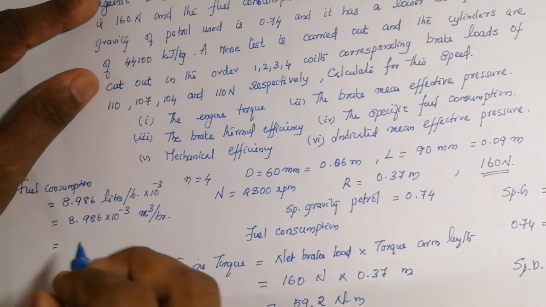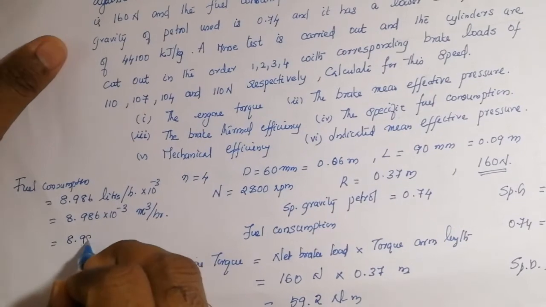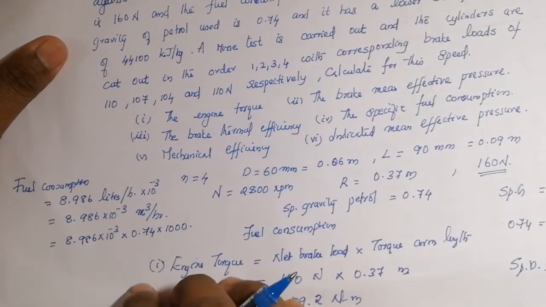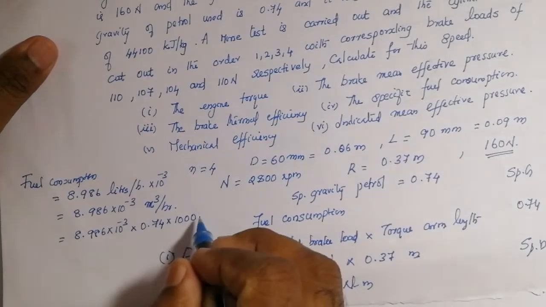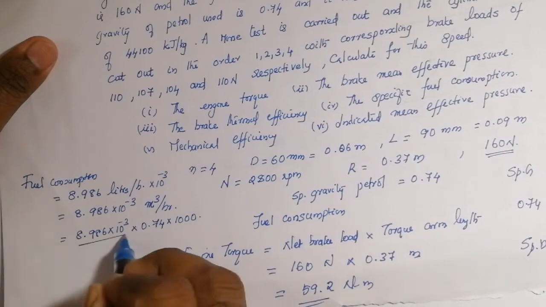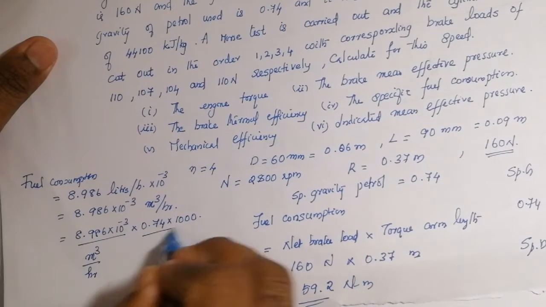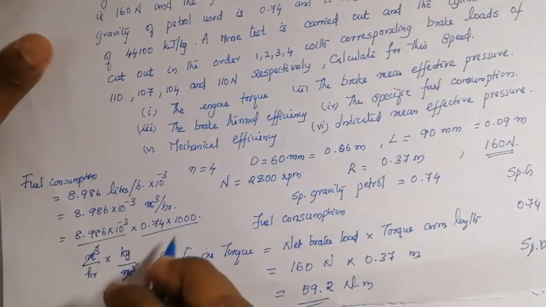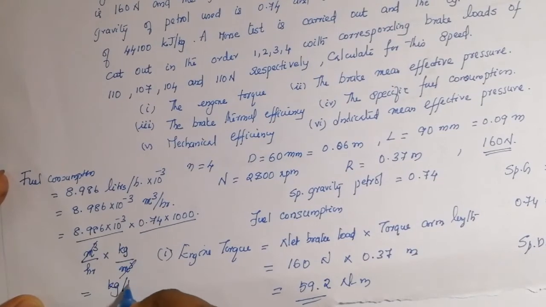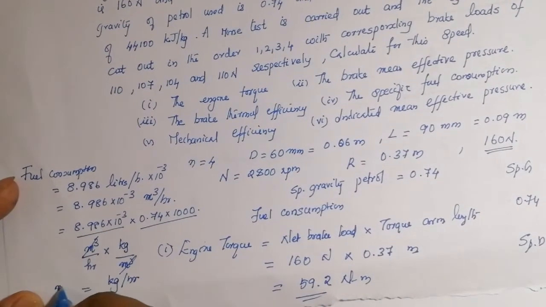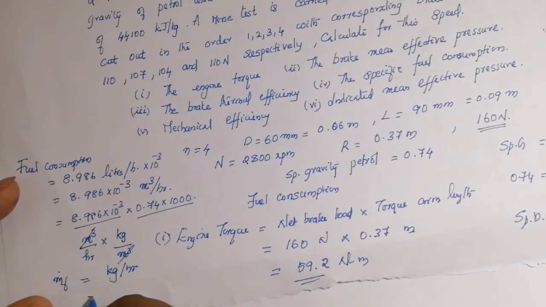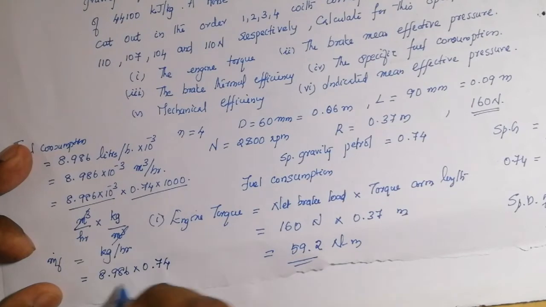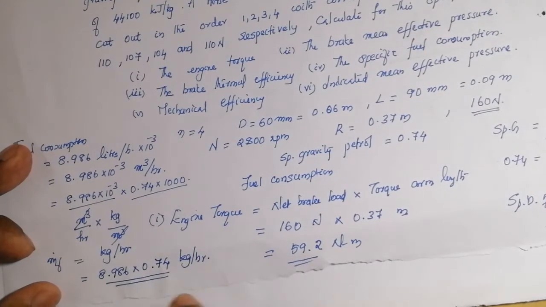Okay, so I'm just multiplying that value, this value 8.986 into 10⁻³ into 0.74 into 1000. ഇത്രയും ടേം എന്ന് പറയുന്നത് ഇറ്റ് ഈസ് ഇൻ മീറ്റർ ക്യൂബ് പെർ അവറിലാണ്. ദിസ് ടേം ഈസ് ഇൻ കിലോഗ്രാം പെർ മീറ്റർ ക്യൂബ് ആണ്. സോ വാട്ട് ഹാപ്പൻസ് ഈസ് ദിസ് എൻറ്റയർ ടേം നൗ കൺവേർട്സ് ടു കിലോഗ്രാം പെർ അവർ. ദാറ്റ് ഈസ് ദ മാസ് ഫ്ലോ റേറ്റ് ഓഫ് ഫ്യൂൽ. സോ ഇറ്റ് മീൻസ് ദാറ്റ് മാസ് ഫ്ലോ റേറ്റ് ഓഫ് ദ ഫ്യൂൽ ഇപ്പോൾ എത്രയായിരിക്കും? 8.986 into 0.74, 3 kilogram per hour ആണ് വാല്യൂ. ക്ലിയർ?